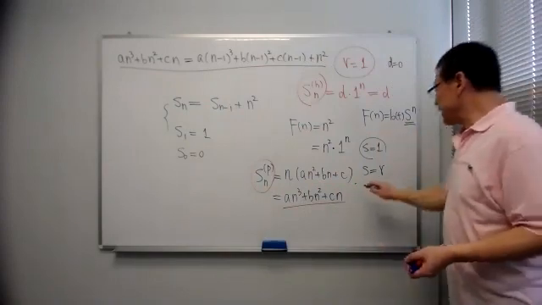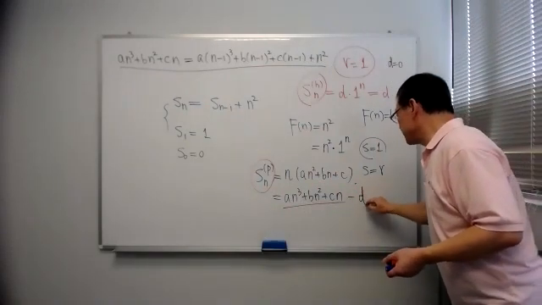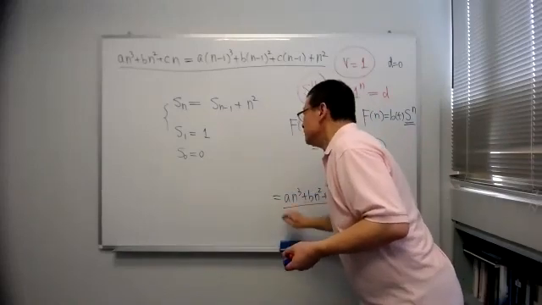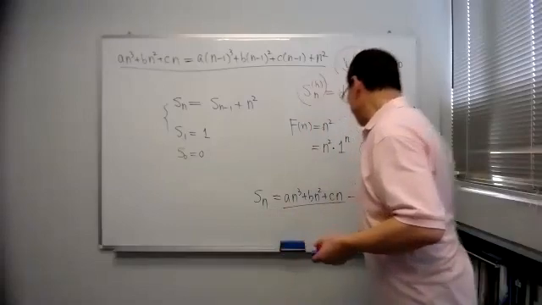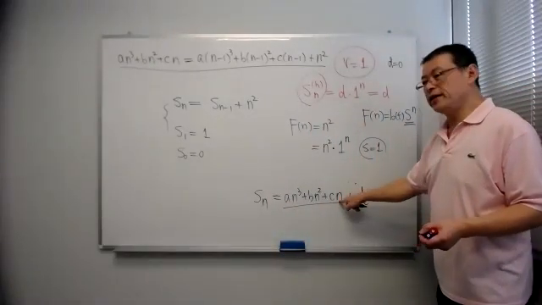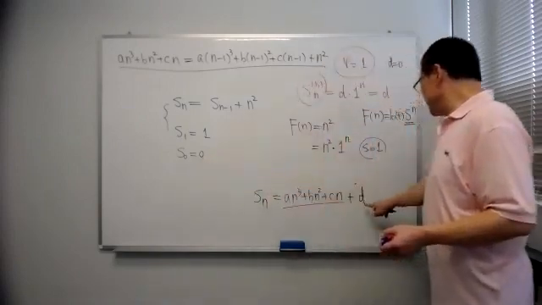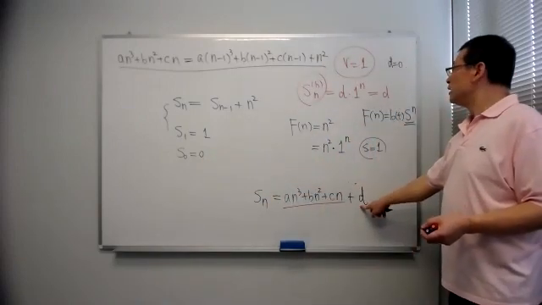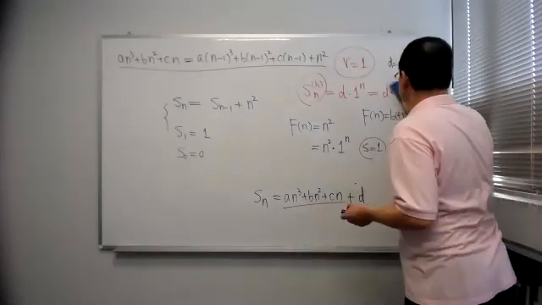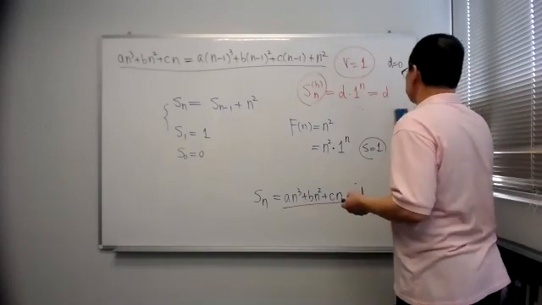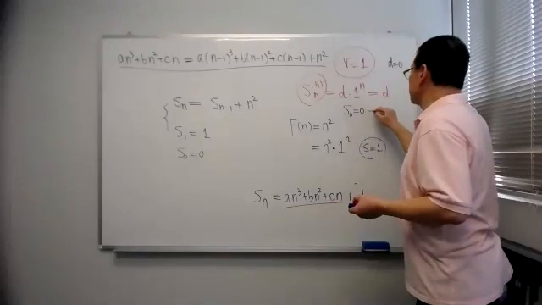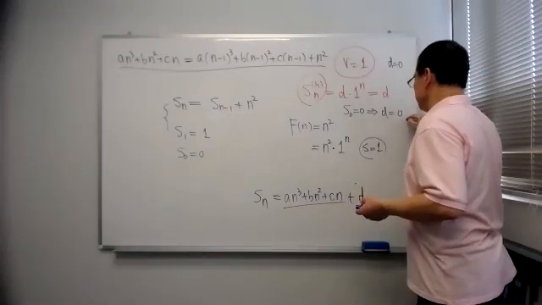If Sn has this form, when n equals 0, the value is 0, so that means B equals 0. So S0 equals 0 will give us B equals 0.